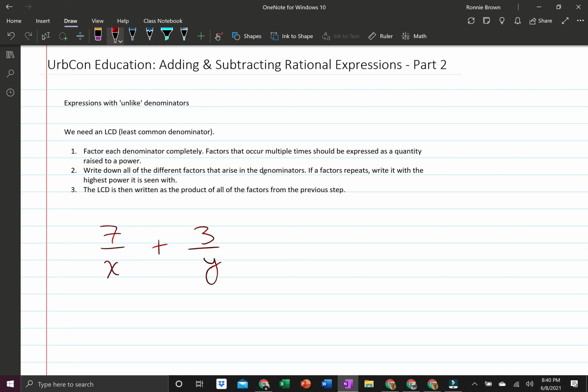However, in this one we see x and y, so there are two different denominators. This one may be a little bit more straightforward than the next few problems, but we'll start slowly. And since x and y are different, the LCD is the product of both. So the LCD is xy.